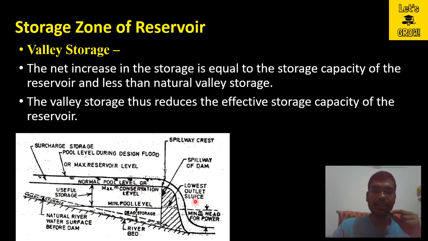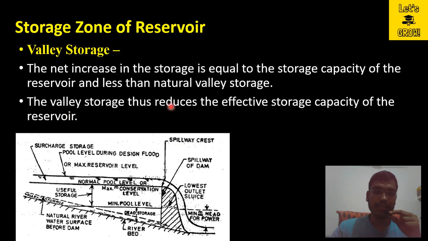If we subtract the natural valley storage which is already present prior to construction of this dam, then we get the net increase in the storage, because that natural valley storage was all present prior to construction of the dam. So the effective storage or net increase in the storage will not be directly equal to the storage capacity of the dam, but we have to subtract the valley storage, because this valley storage was present prior to construction of this dam.